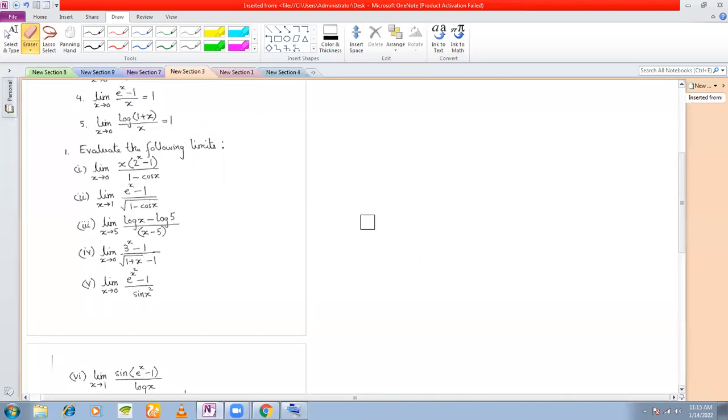Number 3. The given limit here is limit x tends to 5 of log x minus log 5 divided by x minus 5. Okay.